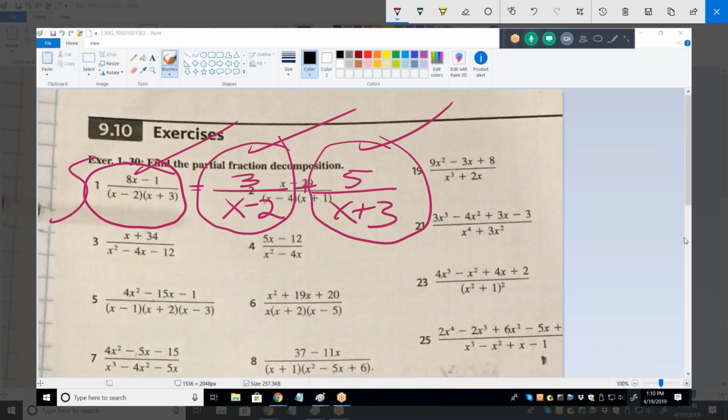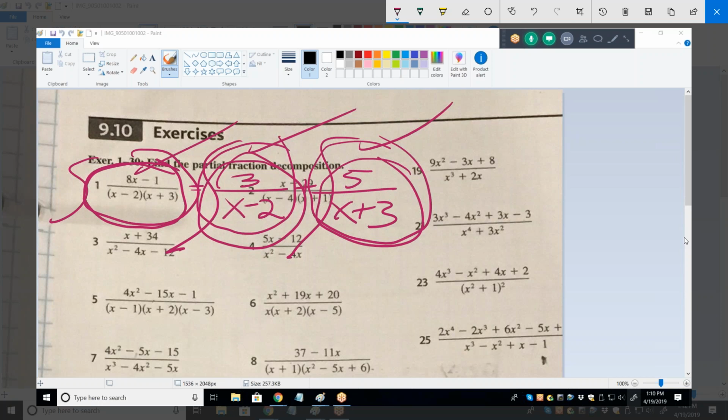Integral calculus says that the integral of the left is equal to the integral of the right plus the integral of that. It's easy to integrate that, and it's easy to integrate that. What's tough is to integrate what we started with.